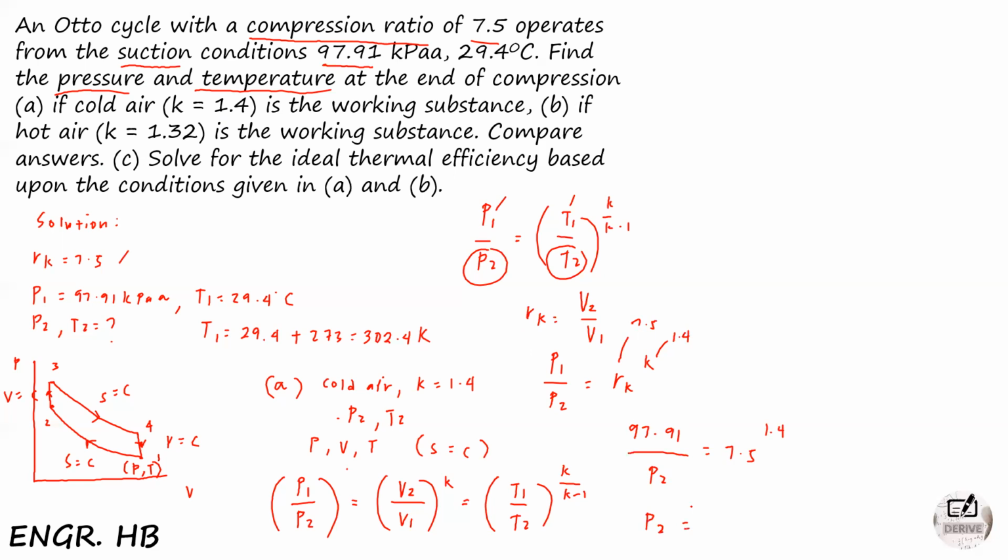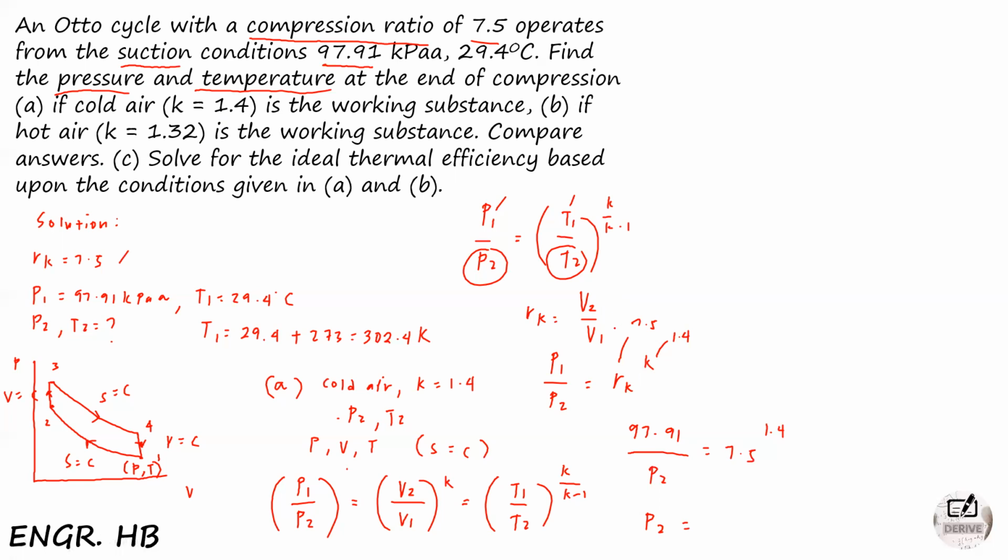So pressure 2 is 7.5 raised to 1.4 first, then divide 97.91 by it. Is that right? 97 point... Wait, this should be larger. No, it's reversed. It's hard coming back from another world. This is right, the mistake is here.